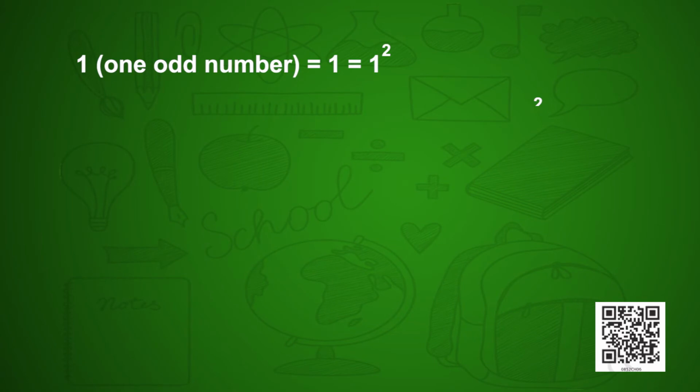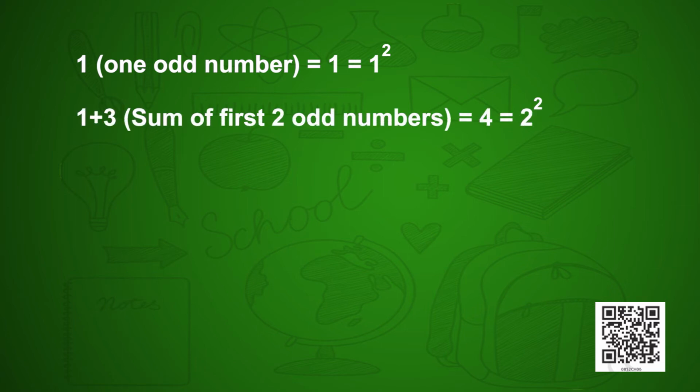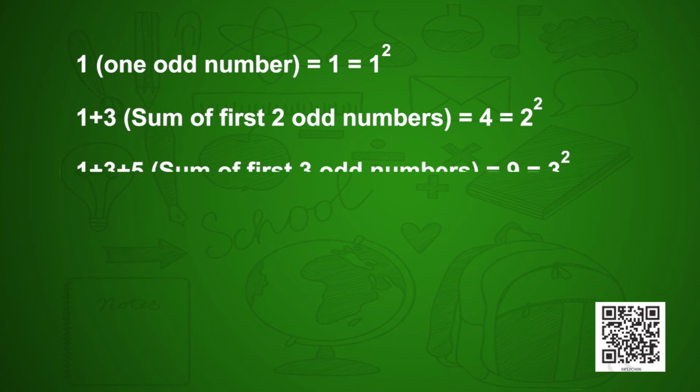Students, we know that the first odd natural number is 1. So, we can write 1 as 1 square. Let us try to observe the sum of first two odd numbers, that is 1 plus 3, which is equal to 4, that is nothing but 2 square. Now, the sum of first three odd numbers, that is 1 plus 3 plus 5, which is equal to 9, but we know that 9 is nothing but 3 square.